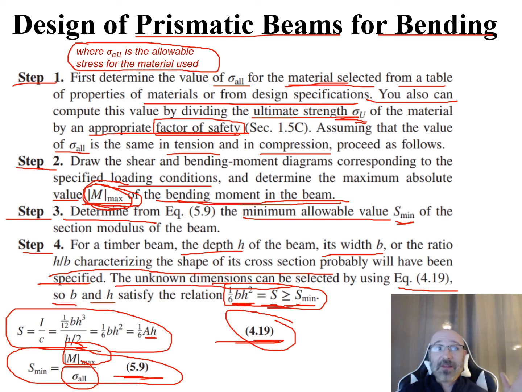If the value calculated from this equation is greater than or equal to our S min, then we know those are good values for our B and our H, the height and width of our timber beam.